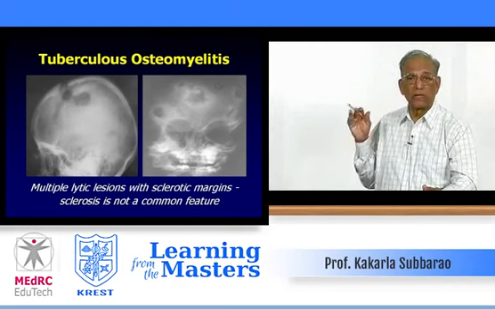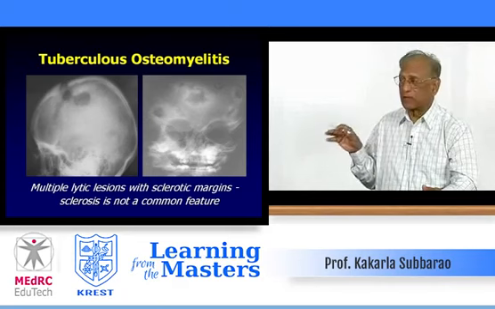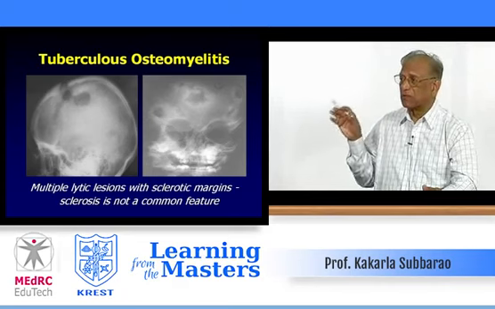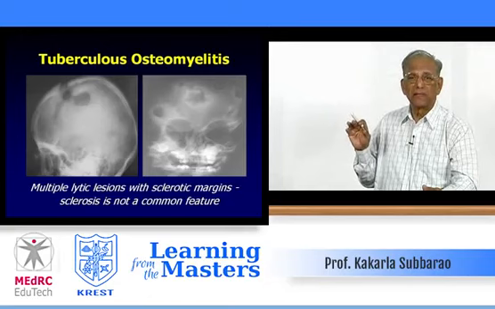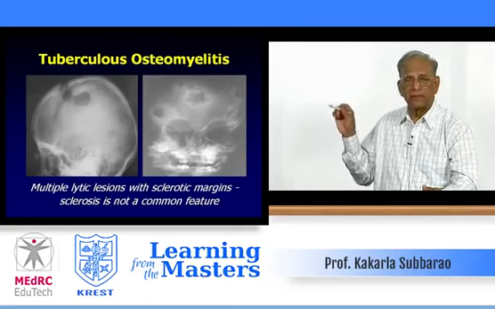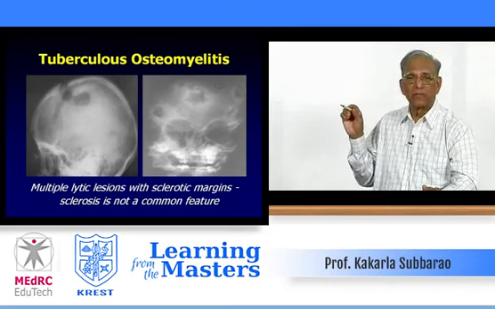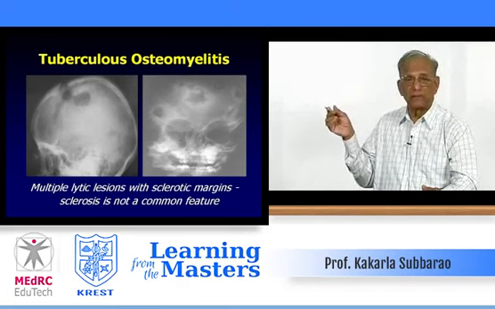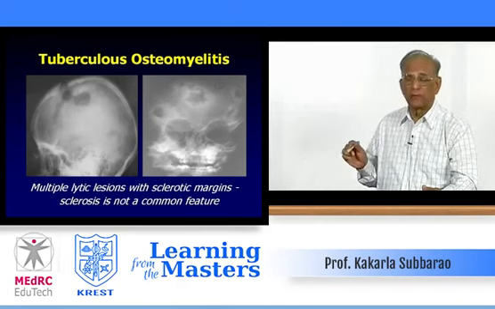There are several reasons why the cystic type of tuberculosis occurs, but in this particular case, you can see multiple lytic areas. The only disturbing feature is there is a lot of reactive sclerosis surrounding it. So occasionally, multiple pyogenic osteomyelitis foci can be seen in the skull, but this proved to be tuberculosis.